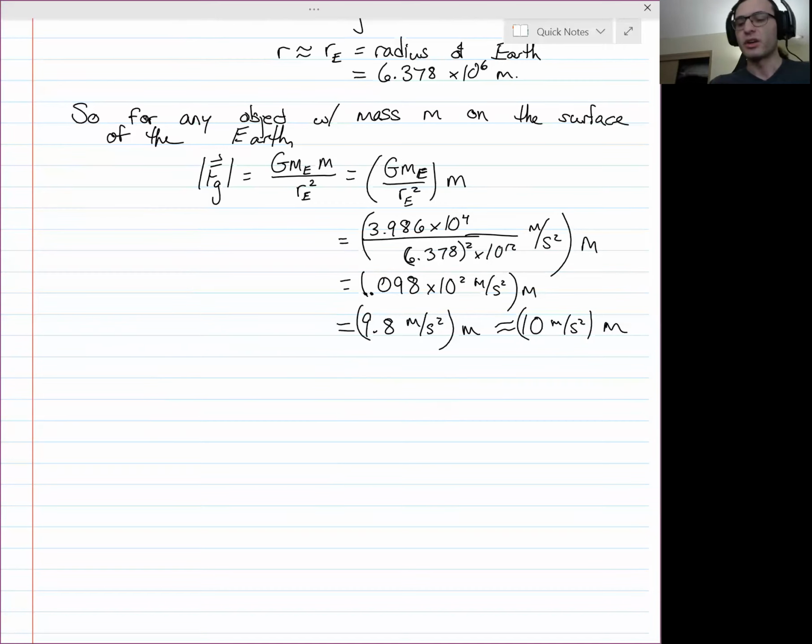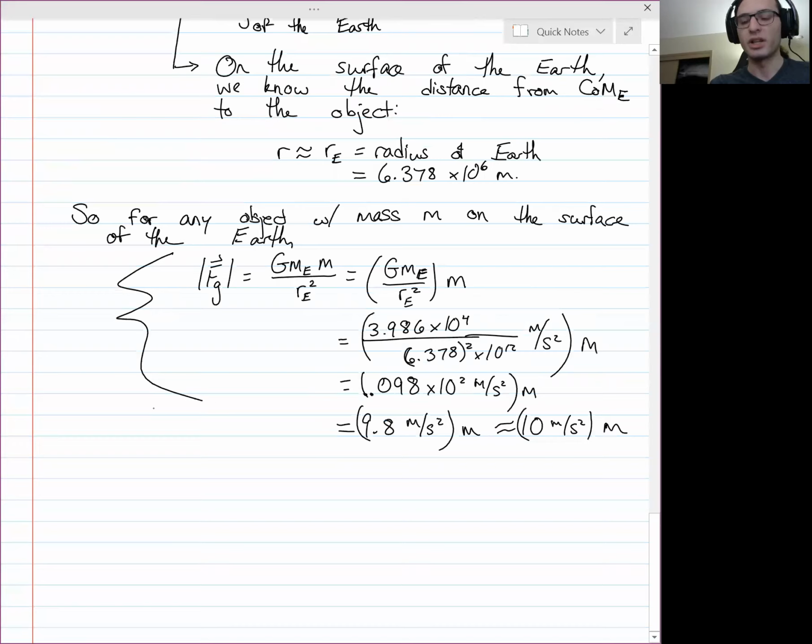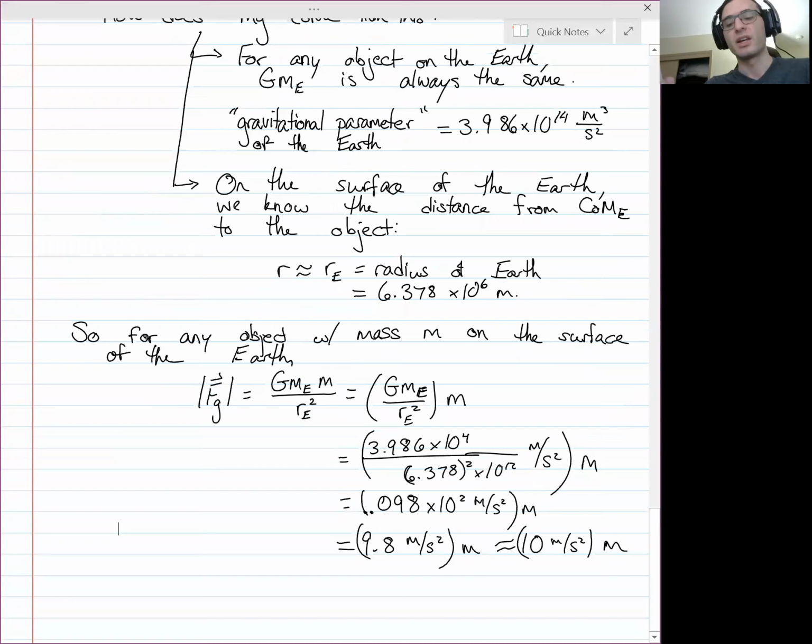Okay, so what we did here is we calculated the gravitational acceleration, this value of lowercase g, for an object on the surface of the Earth. However, the astute amongst you may have noticed that, if the gravitational acceleration, this 9.8 meters per second squared, depends on the distance between the object and the center of mass of the Earth, wouldn't that mean if an object is thrown higher, it will have smaller gravitational acceleration?